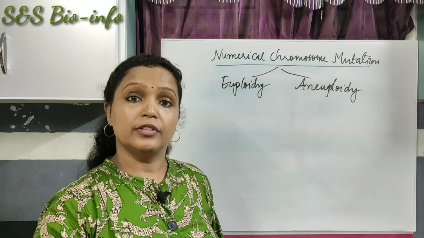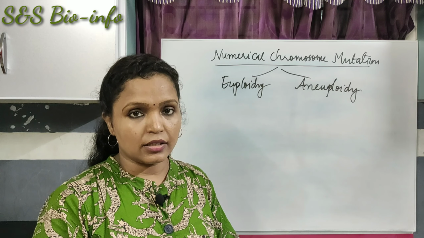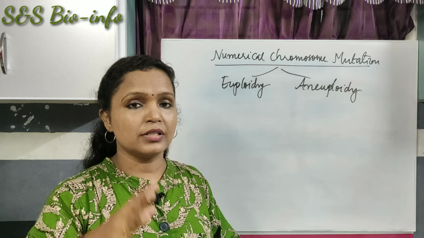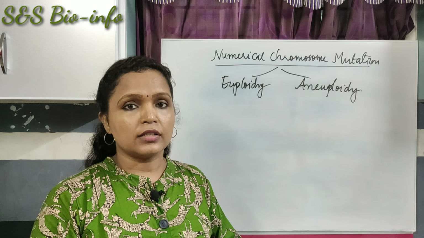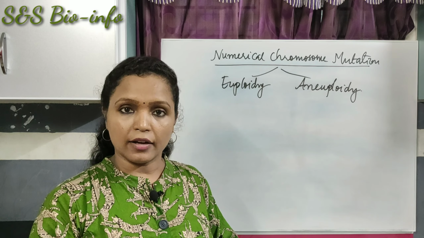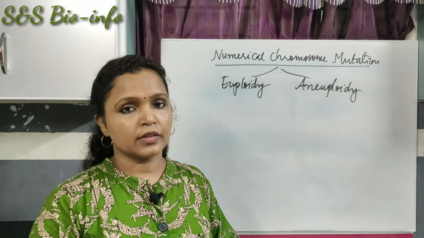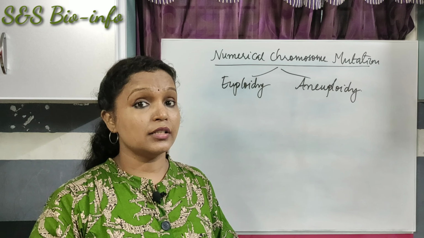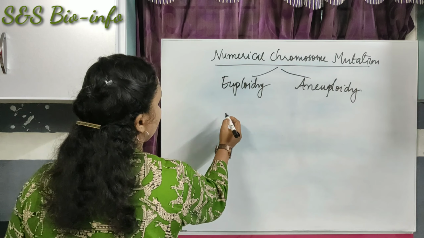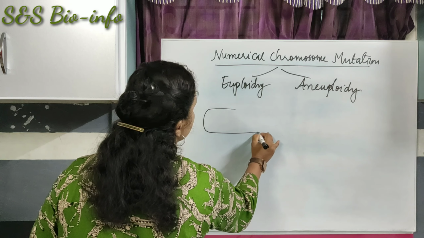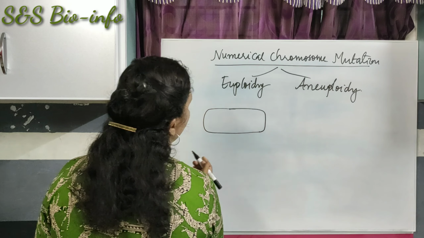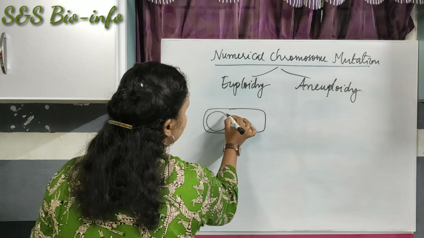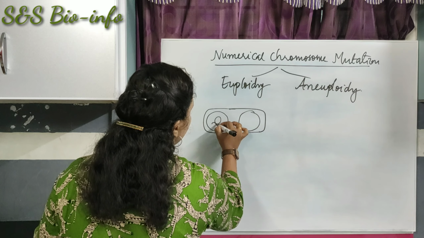Euploidy occurs due to the failure of cytokinesis during cell division. Cell division consists of four stages: prophase, metaphase, anaphase and telophase. After these four phases, cytokinesis must happen. So look here. Suppose this is a cell, and at the end of the telophase stage, the cell looks like this.